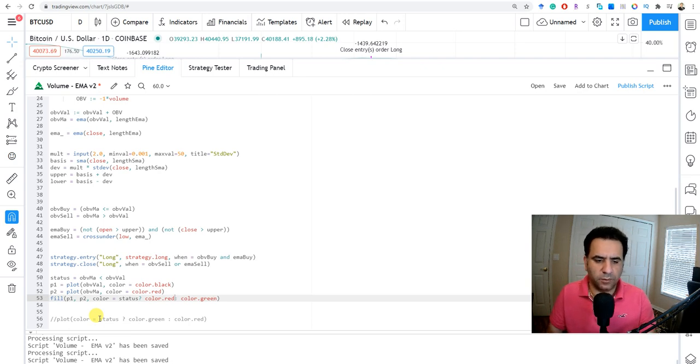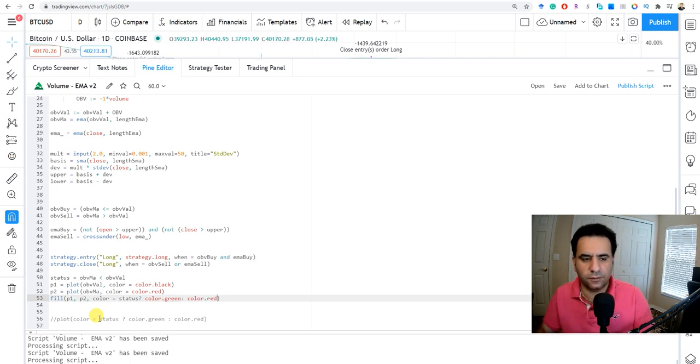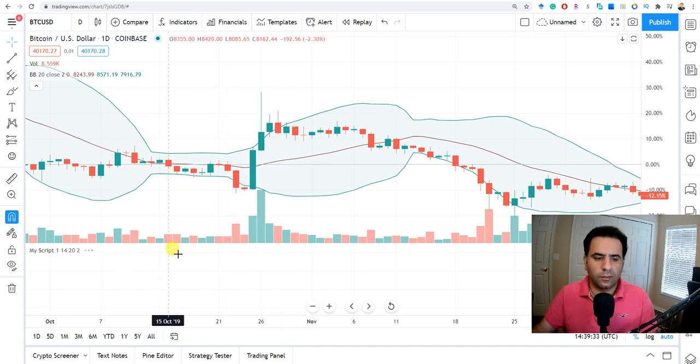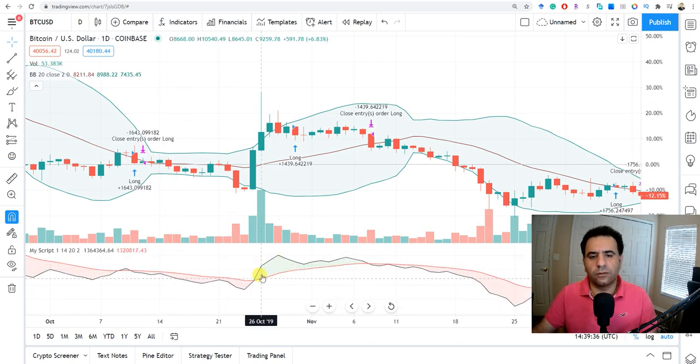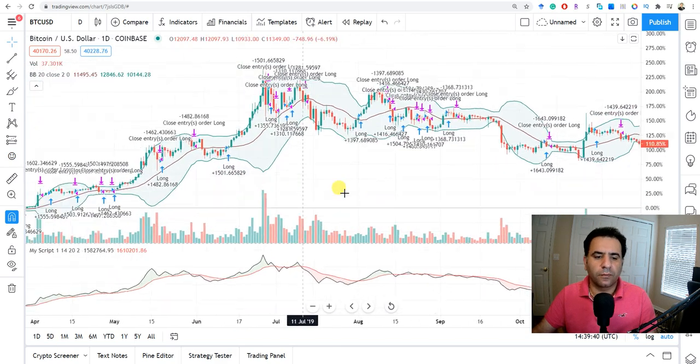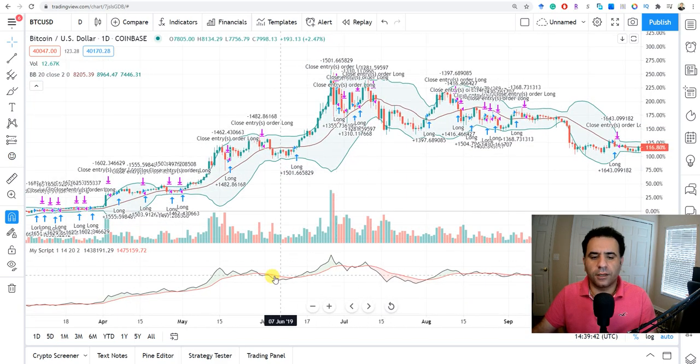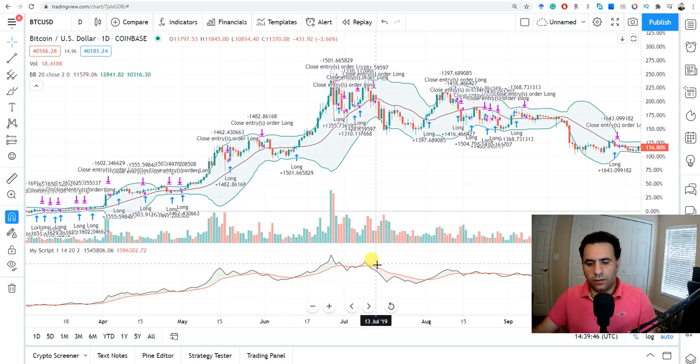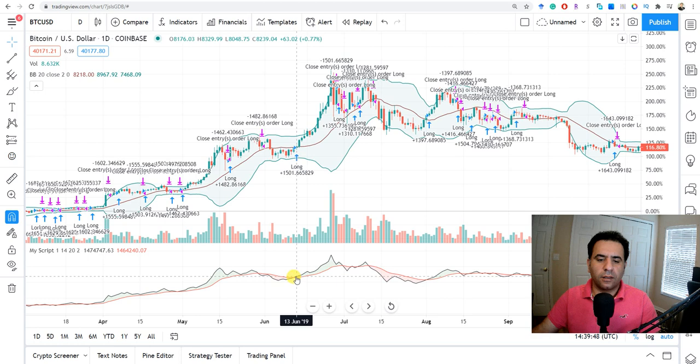I think this one must be green, the other one is red. So this is green, this is red. Save it, and now it fills the area. So if it's ascending, it's green. If it's descending, it's red. So red area is good for shorting, and the green area is good for long tradings.